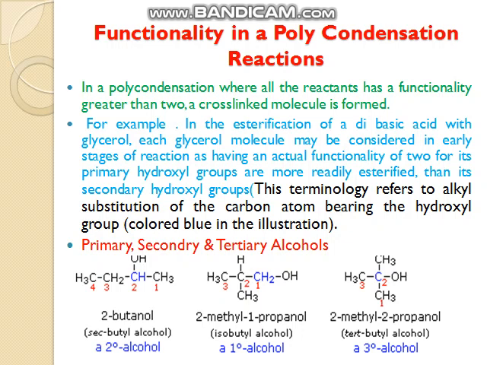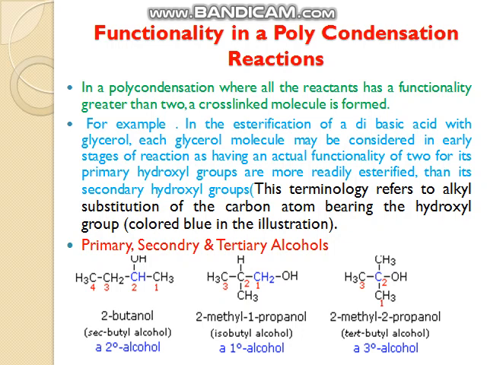For example, in the esterification of a dibasic acid with glycerol, each glycerol molecule may be considered in the early stages of reaction as having an actual functionality of 2, because its primary hydroxyl groups are more readily esterified than its secondary hydroxyl group.